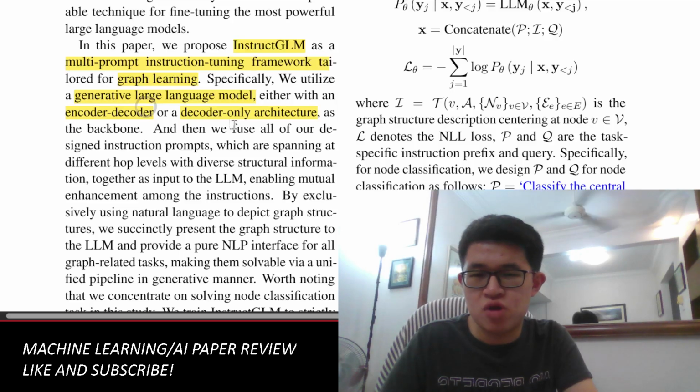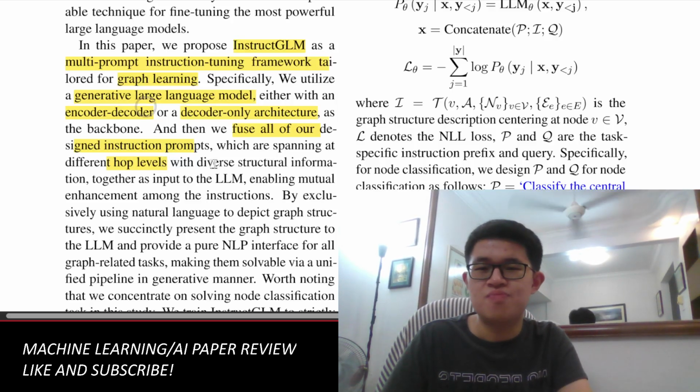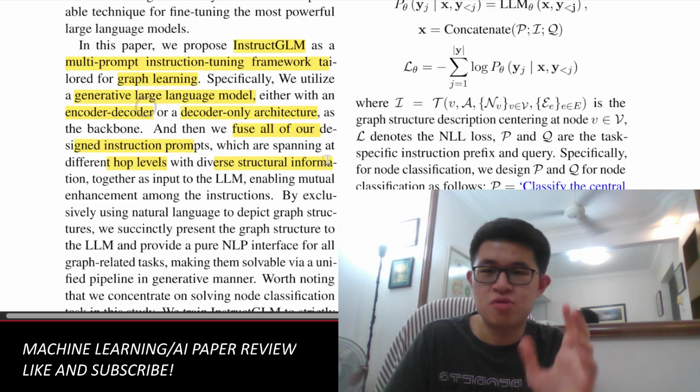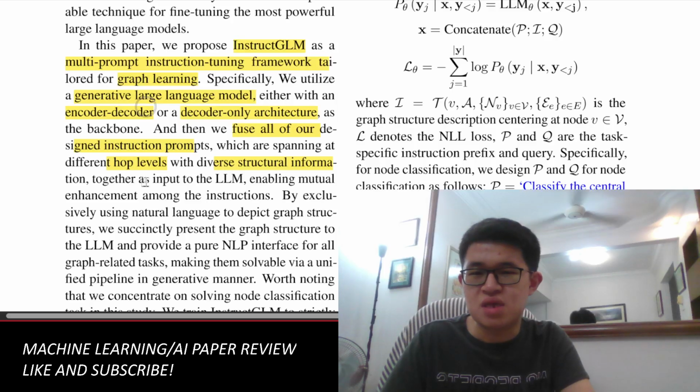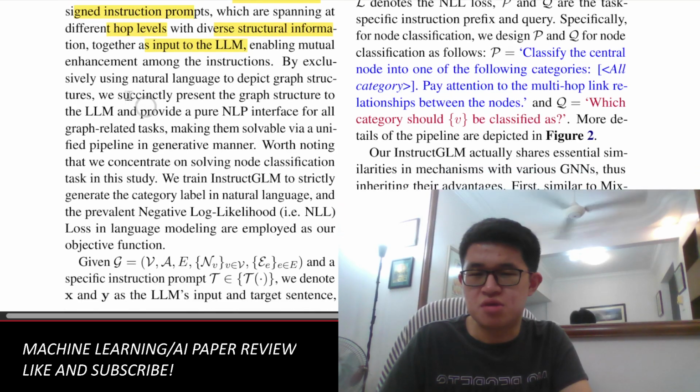Then they combine all their instruction prompts, which include the different hop levels and the diverse structural information, as an input for the LLM. By using language, they can describe that.